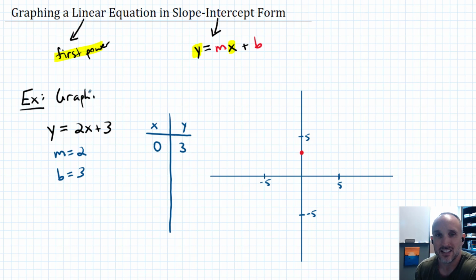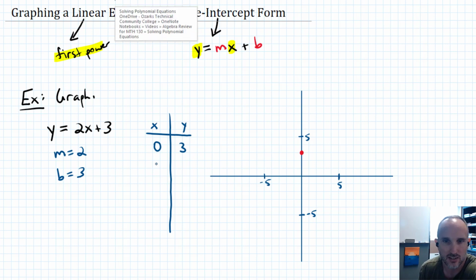Since this is linear, I know it's going to be a line, so I really only need 2 points. Let's find another point. I could plug in 1 for x, that'd be fine. Let's plug in 3 for x. If x is 3, then y would be 2 times 3 is 6, plus 3 is 9.